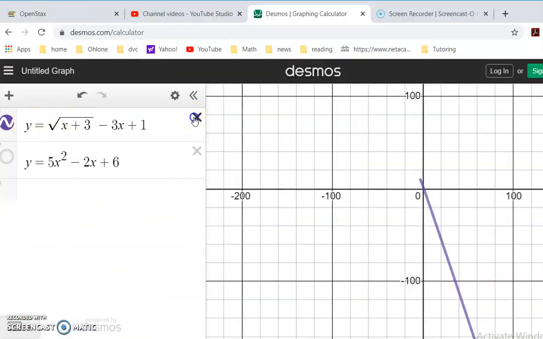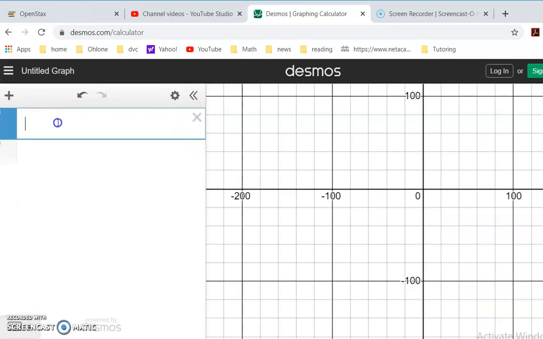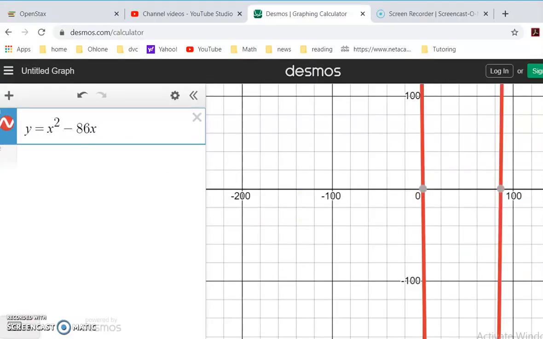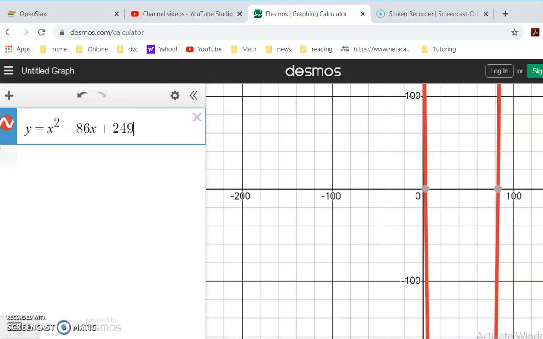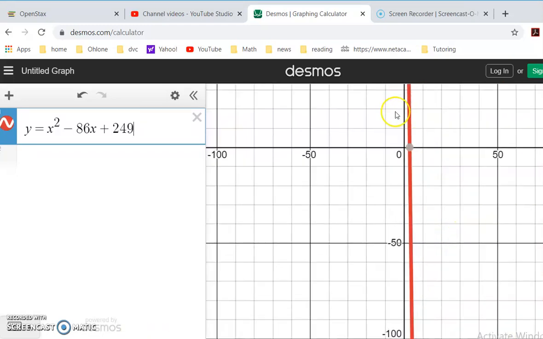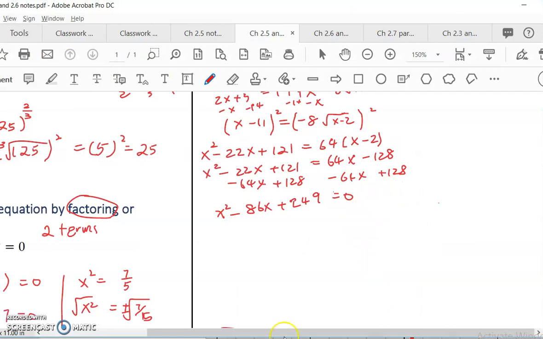If you want to find the solution, you can graph it as x squared minus 86x plus 249. Oh, so that's 2 x-intercepts. What is this one? Oh, it's 3 and it's 83. Very good. So they are actually whole numbers, 3 and 83.